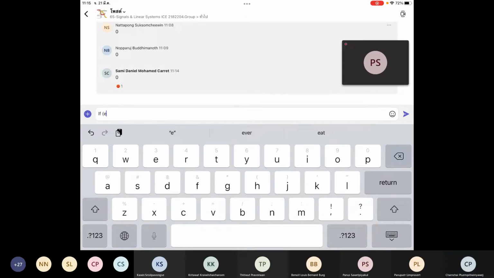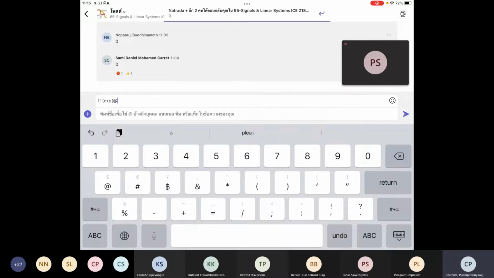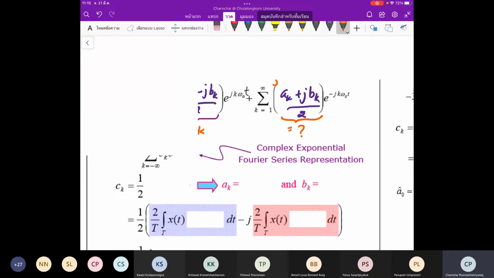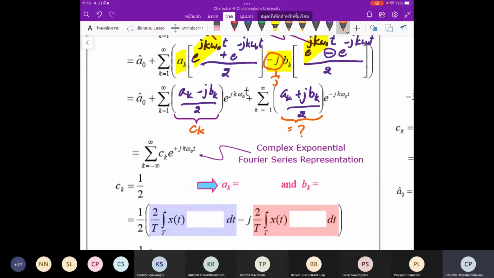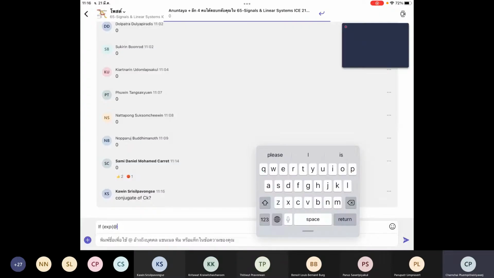If this term is AK minus jBK over 2, conjugate. Oh yeah, Kevin, very good.